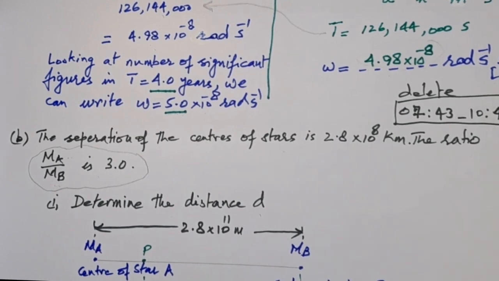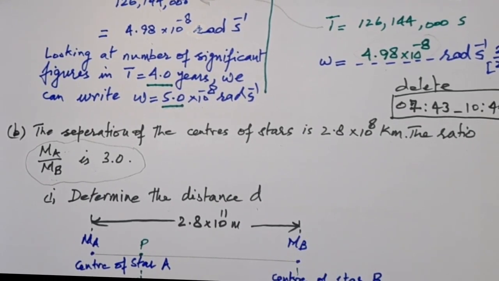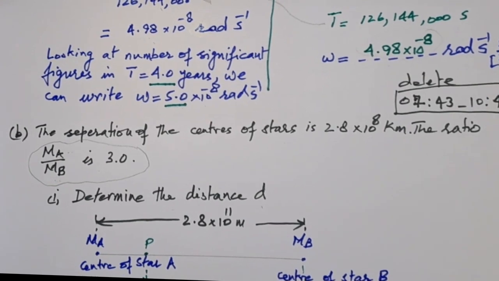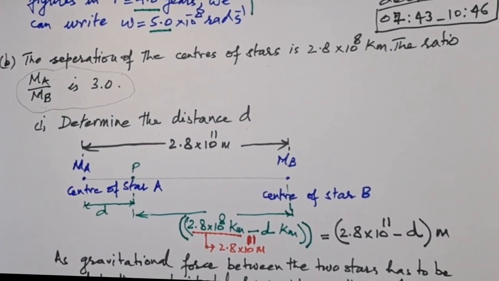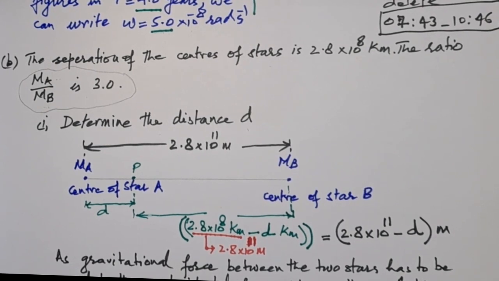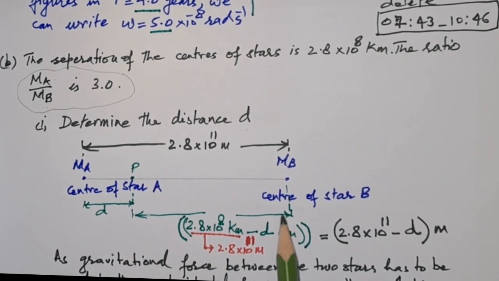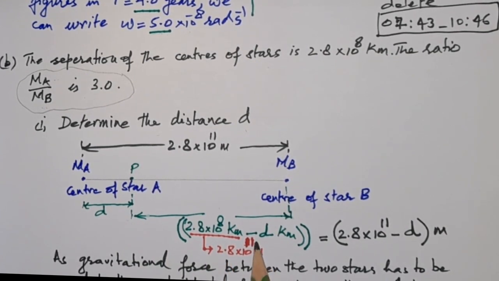And if we have to find the distance between the 2 stars, then we need a relation in which the distance is present. When solving that, there is another thing you have to do: write this distance in terms of meter and in terms of d.